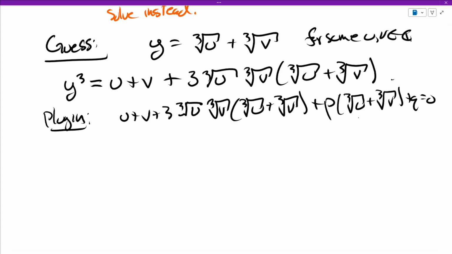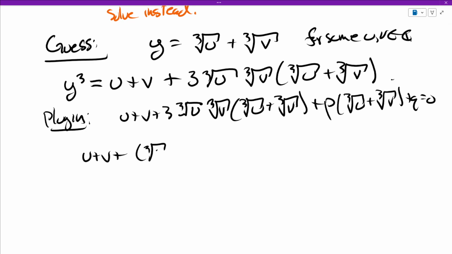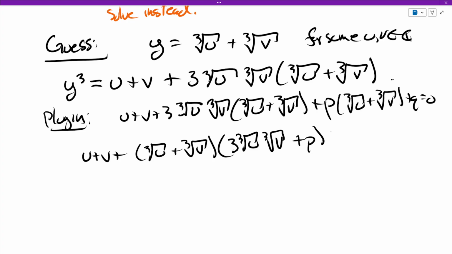And then this is p times cube root of u plus cube root of v, so I'm going to bring them together. I'm going to factor out the cube root of u plus cube root of v. So we get 3 cube root of u, cube root of v from the middle term, and then this has a p in it. Plus q is 0.